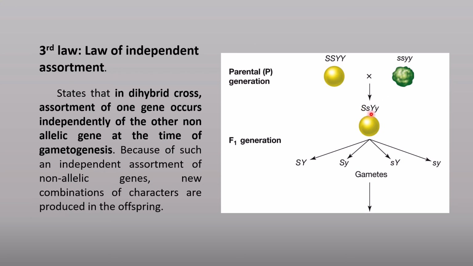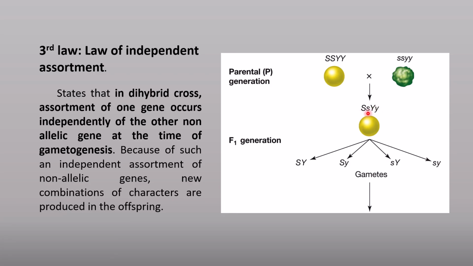Here S and s are responsible for the shape of the seed, that is round or wrinkled, and Y and y are for the color of the seed. If it is an uppercase letter, that gives the dominant color yellow, or if it is recessive, then it is the green color.